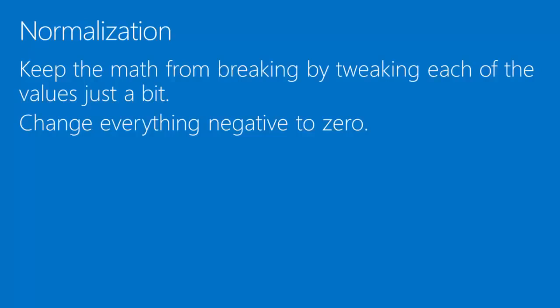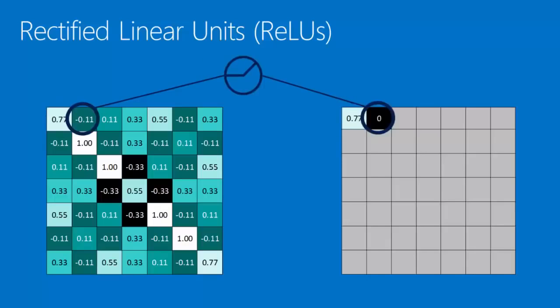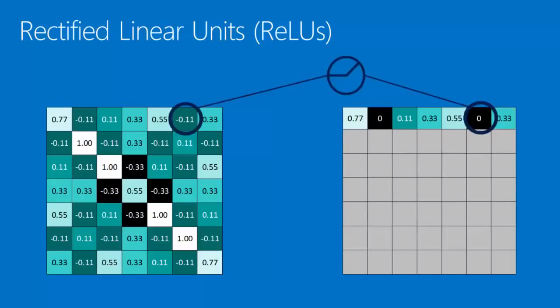All you do here is everywhere in your image that there is a negative value, change it to zero. So for instance, if we're looking back at our filtered image, we have these what are called rectified linear units. That's the little computational unit that does this. But all it does is steps through everywhere there's a negative value, change it to zero.